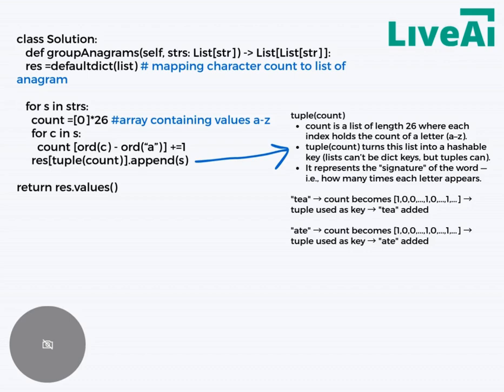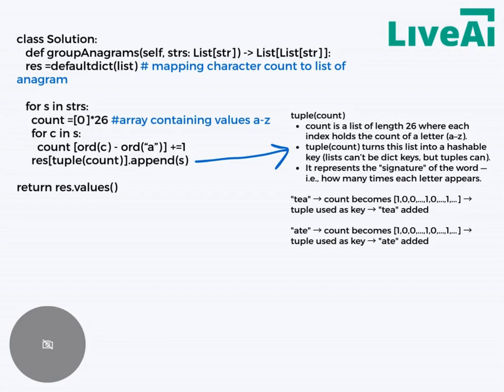Taking t, the count becomes 1 at index position 19. We have a at index position 0, and e at index position 4, which becomes 1.